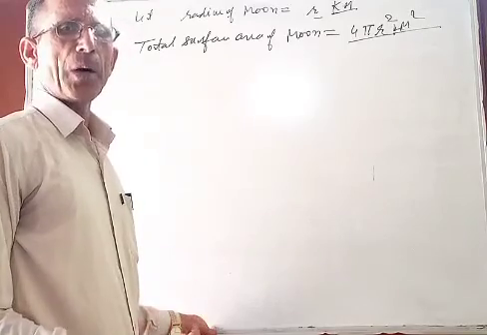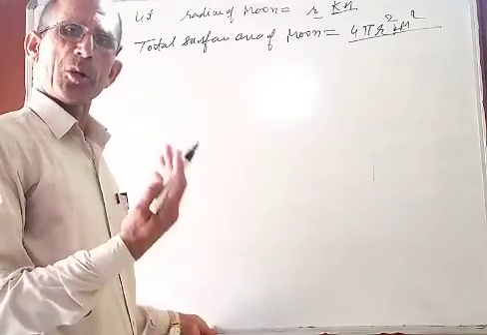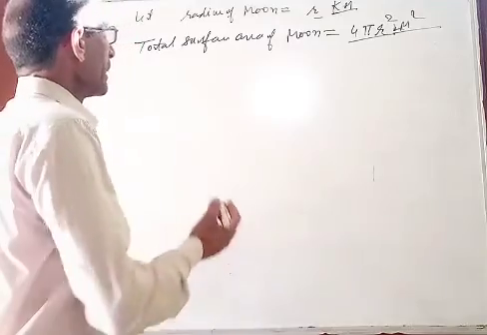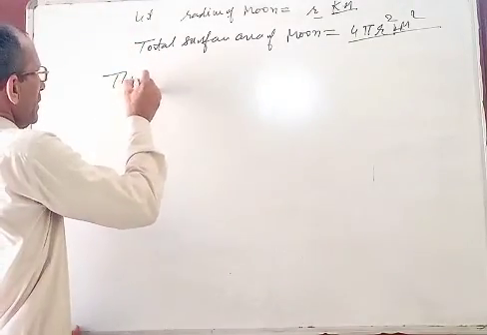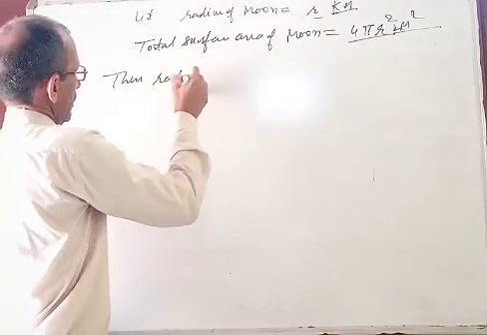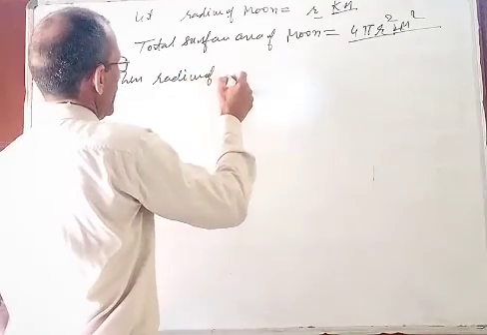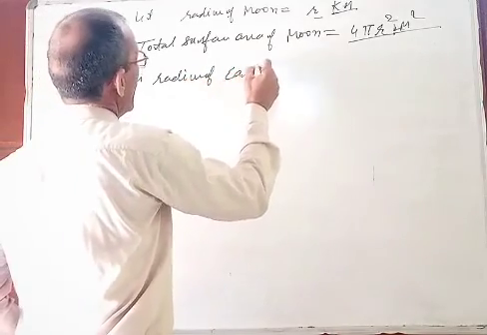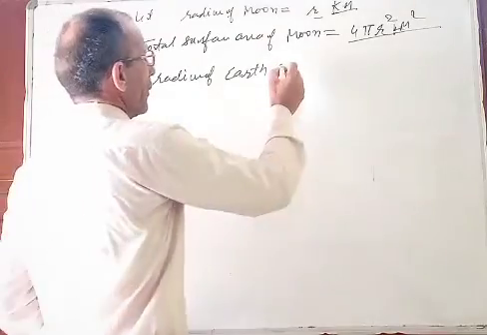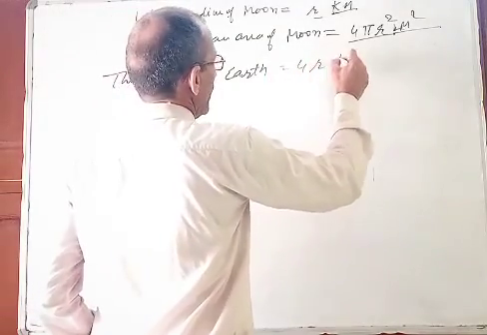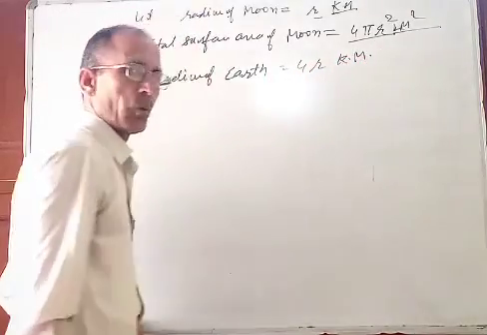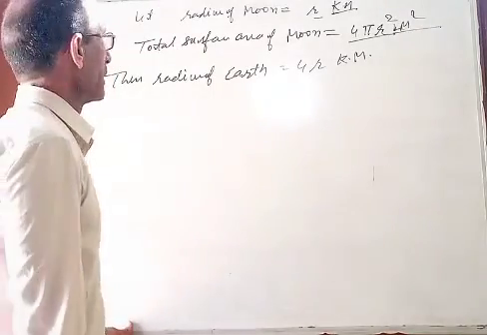Now the radius of the earth will be 4 times that of the moon. Then the radius of the earth will be 4r kilometer.